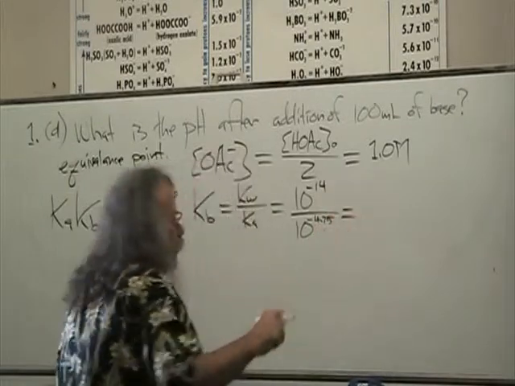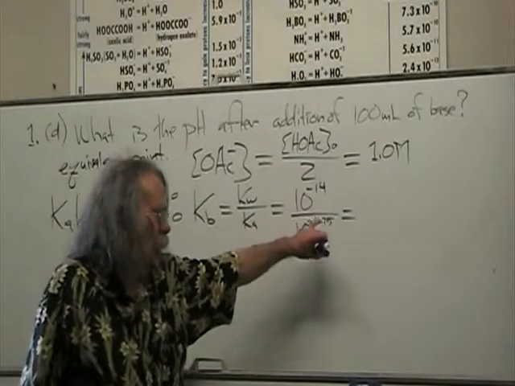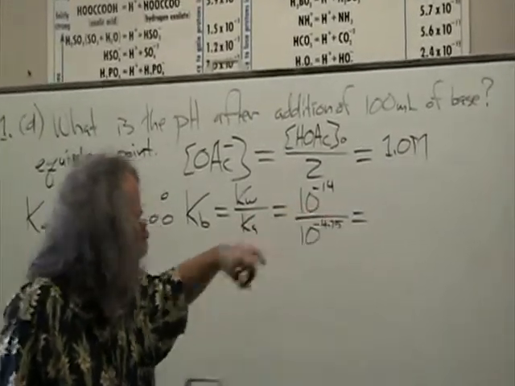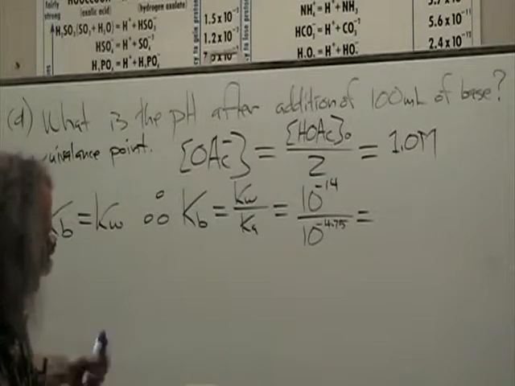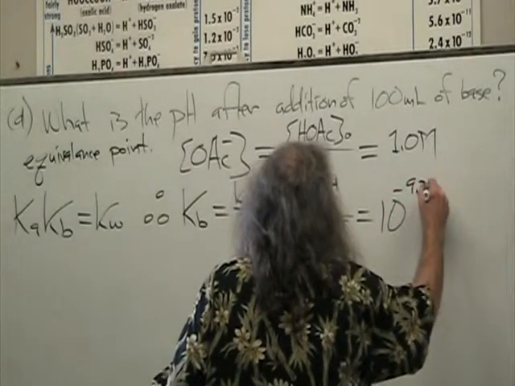And what do the rules of the exponents have me do? Subtract. Well, I subtract, the minus minus is plus, so it's minus 14 plus 4.75, which is 9.25. Yeah, equals 10 to the minus 9.25.